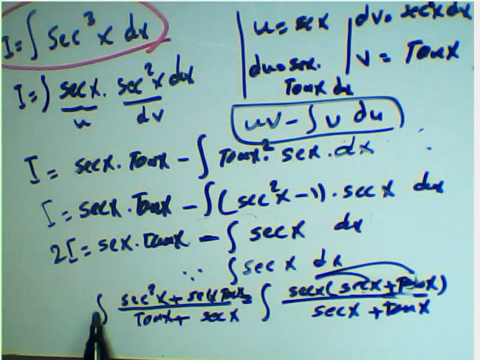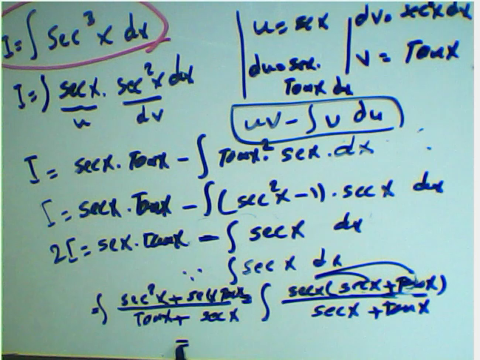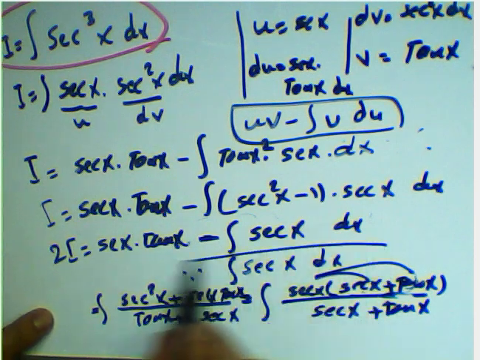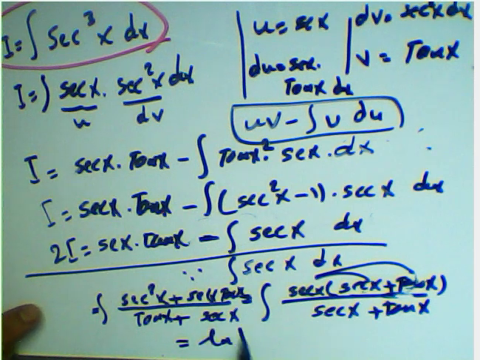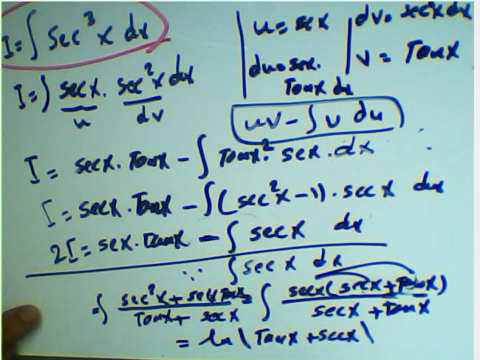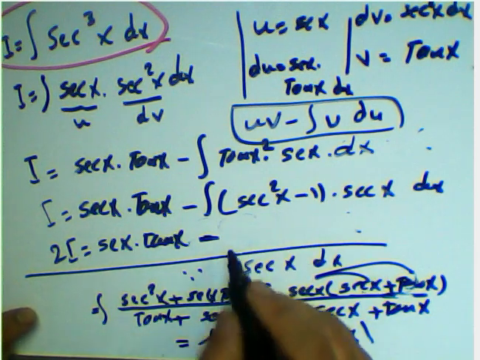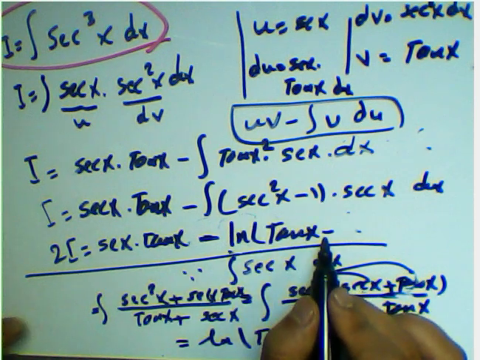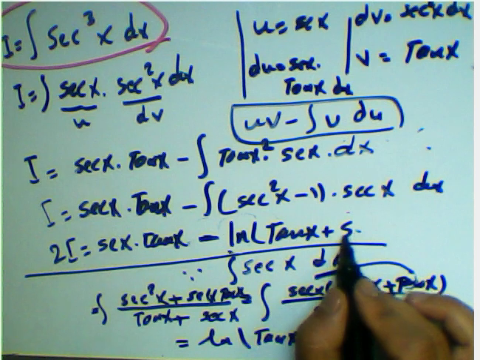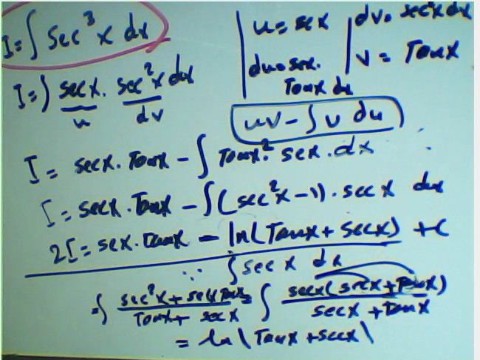So the result will be ln of the absolute value of the numerator. So the integration of sec x dx will be ln absolute value of tan x plus sec x, plus a constant.